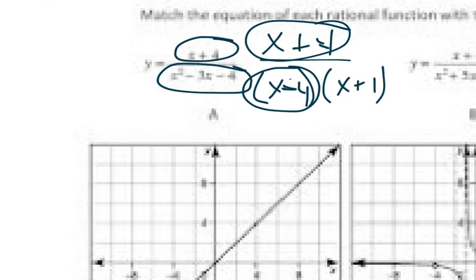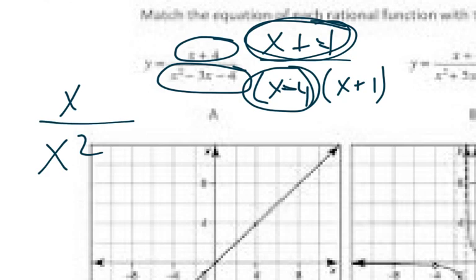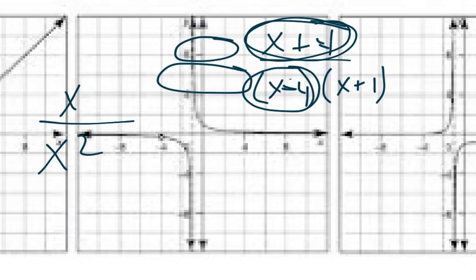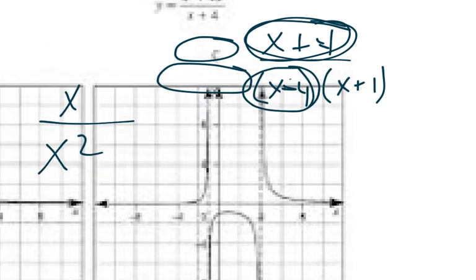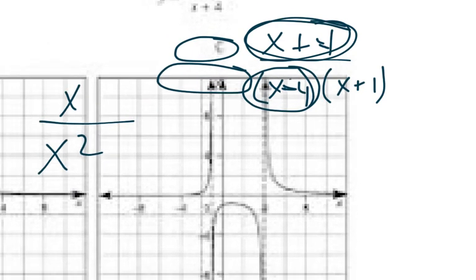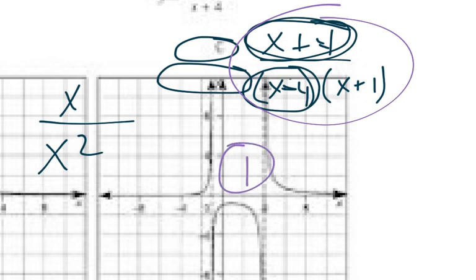Now, the key thing here is notice we have an x term on top over an x squared term on the bottom, right? And these always have a form that looks like this. Okay? So this was this right here, x plus 4 over x minus 4, x plus 1.